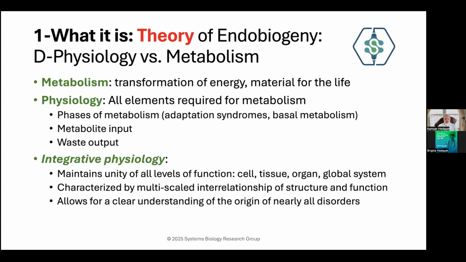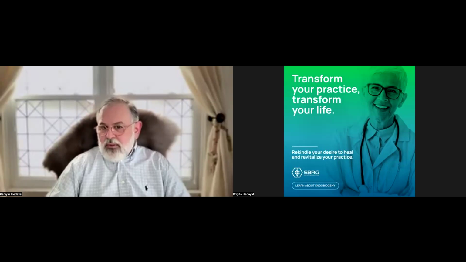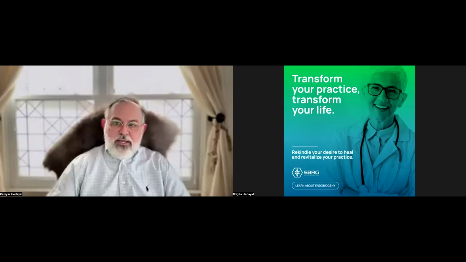And it's the understanding of what maintains the unity of all levels of function at the cell level, the tissue level, the organ level, and at the global system of a whole person. Integrative physiology allows us to characterize the multi-scaled interrelationship between different structural and functional elements. So, for example, how is a single cell communicating with the brain? For example, in the bone, cells release osteocalcin.